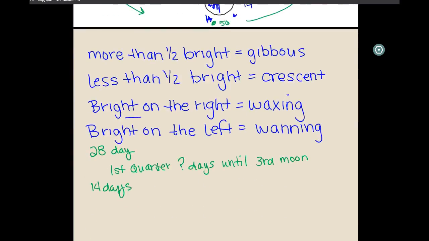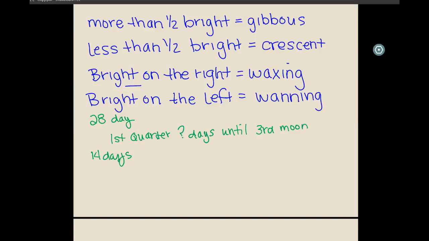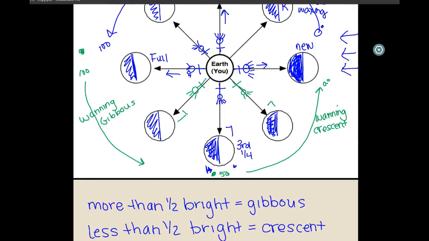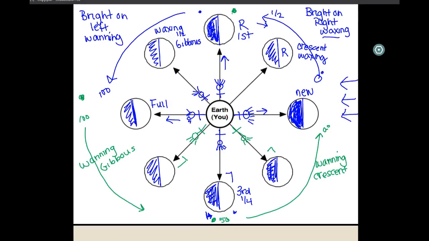So let's do one more. How many days is it to go from a full moon to the waning crescent? So if we go back to our diagram, here we are at the full moon.